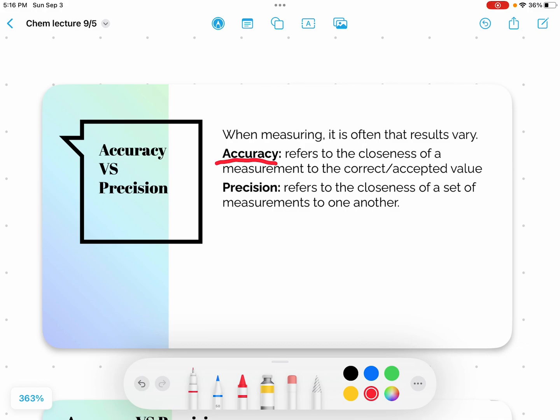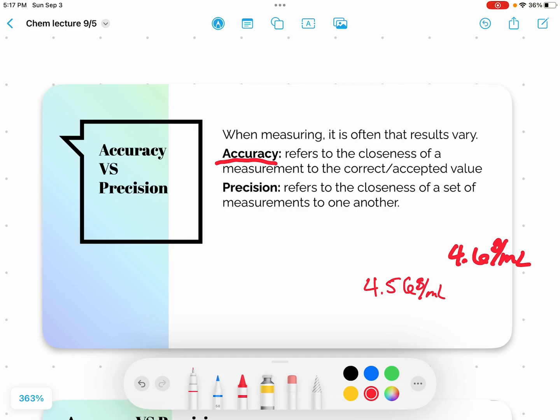So let's say we're measuring the density of something and we get the density of the object to be 4.6 grams per milliliter. Great, fantastic. Well, we get another measurement of our own, and let's say we measured it as 4.56 grams per milliliter.